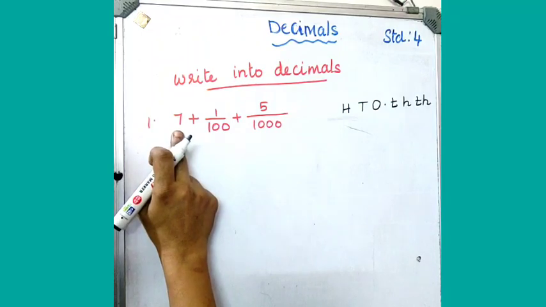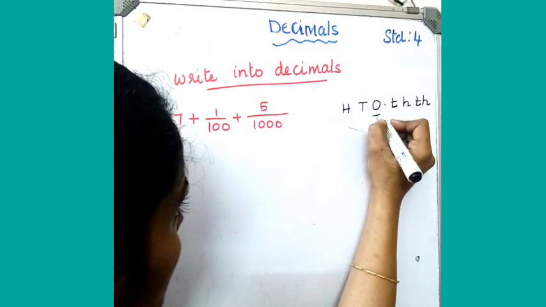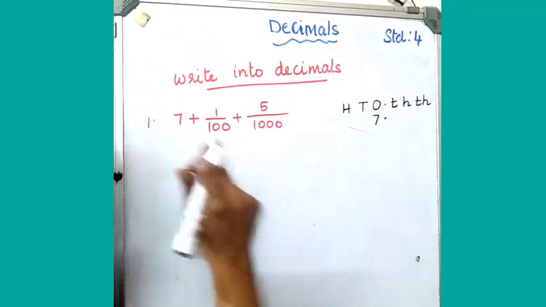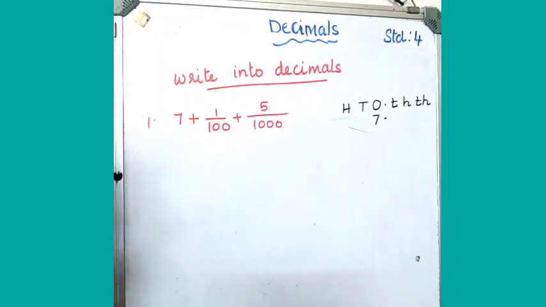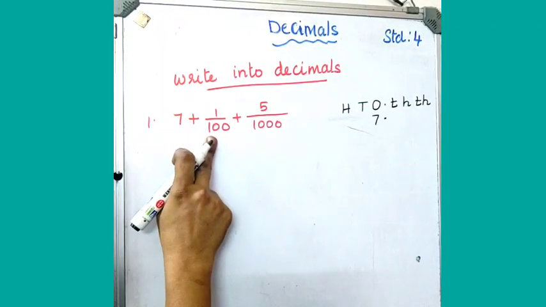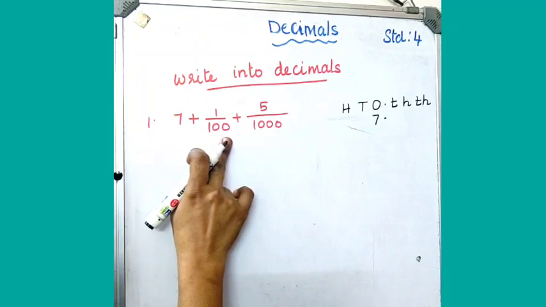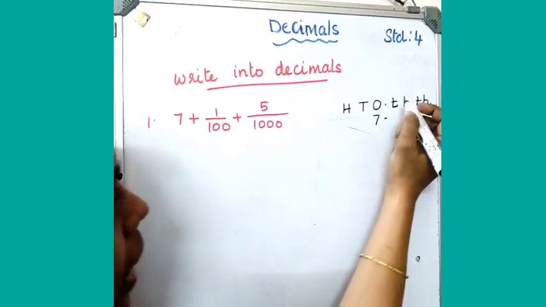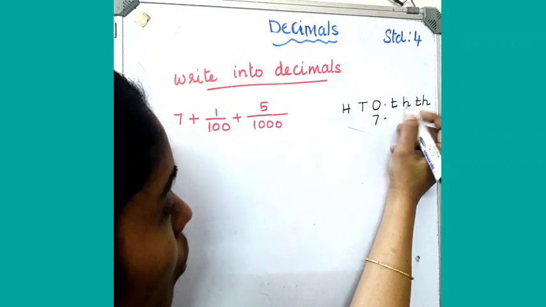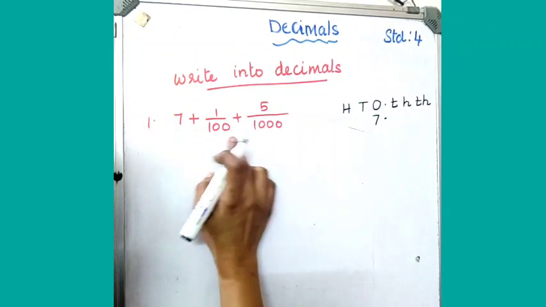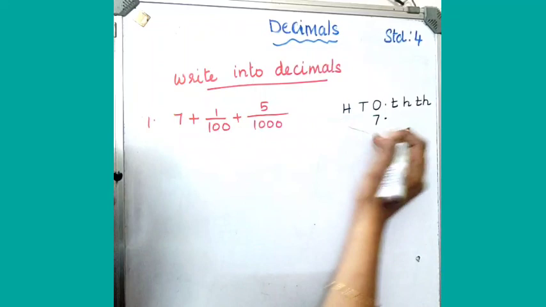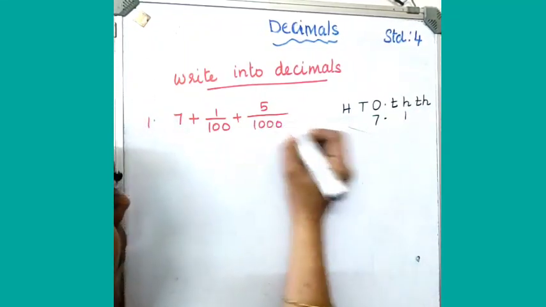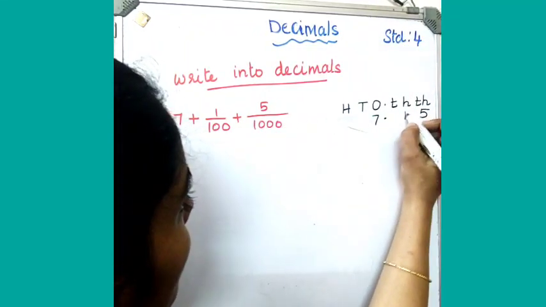Here only the ones place is given, so we put 7 here, then a point instead of the plus. Then look here, 1 by 100 is given, the 10th place is missing here, so we have to write 1 in the 100th place. Then 5 in the 1000th place.